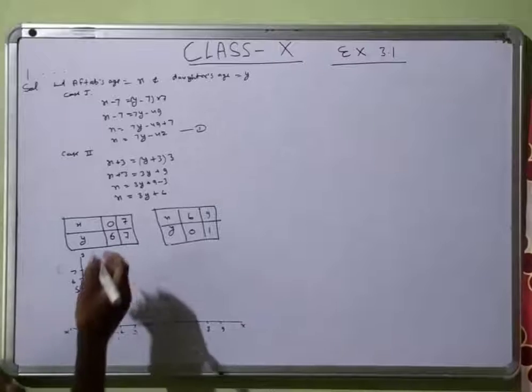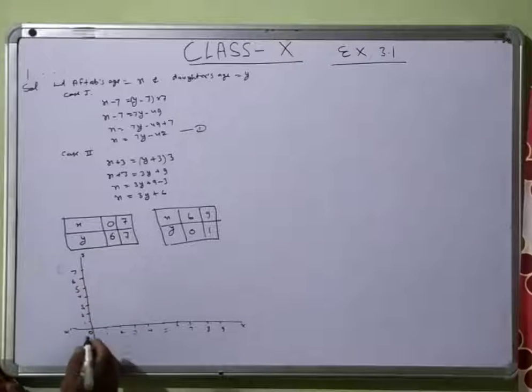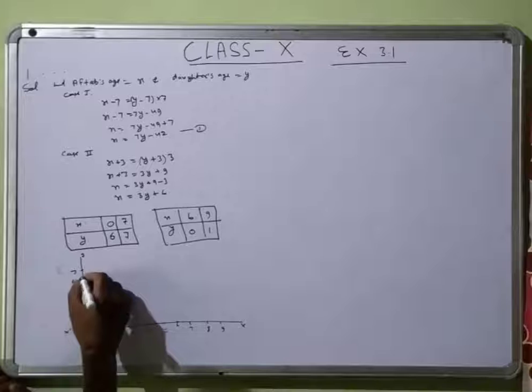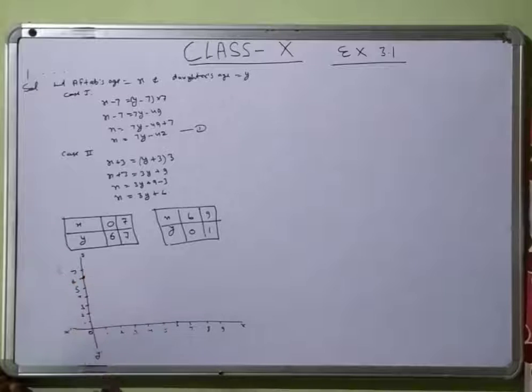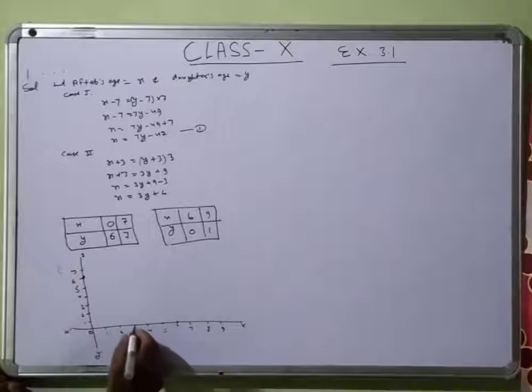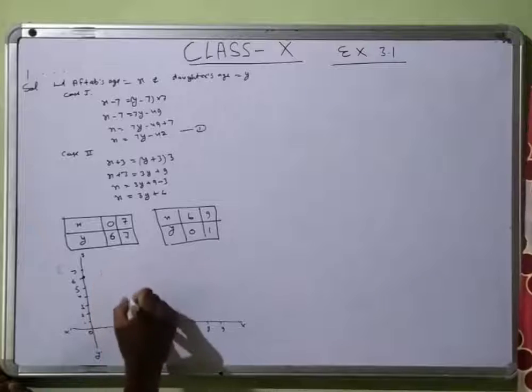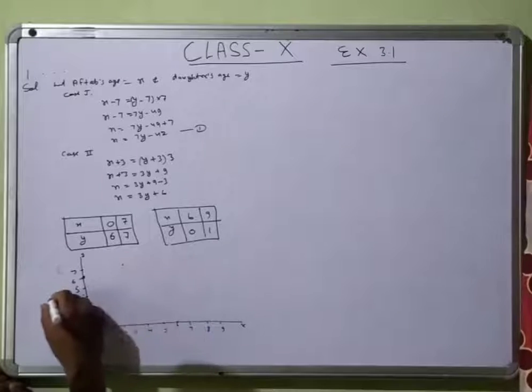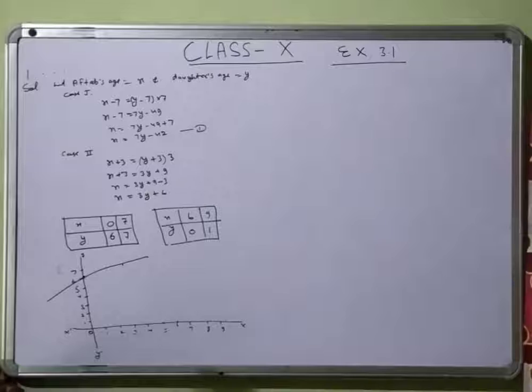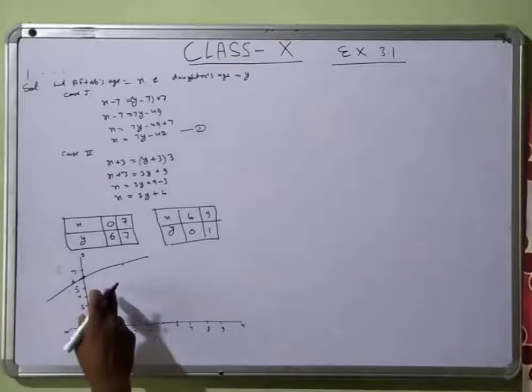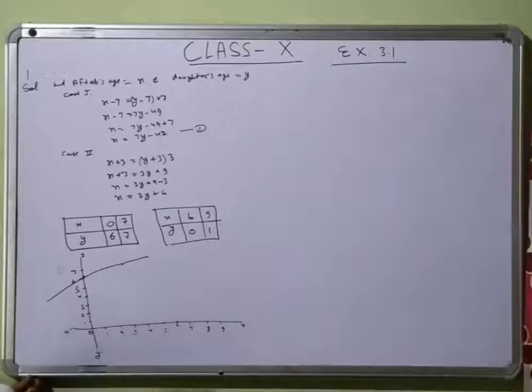Now the first value is 0, 6, so that will be x is 0 and y is 6, then 7, 7, so both are 7. You will do this work on graph paper.